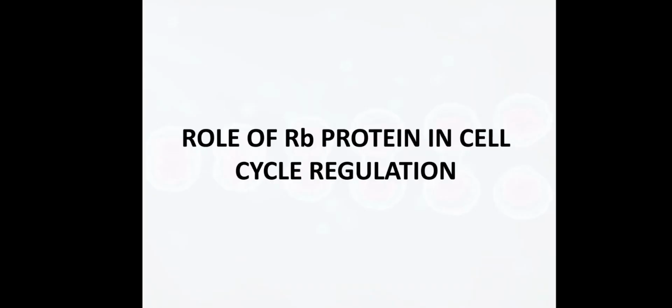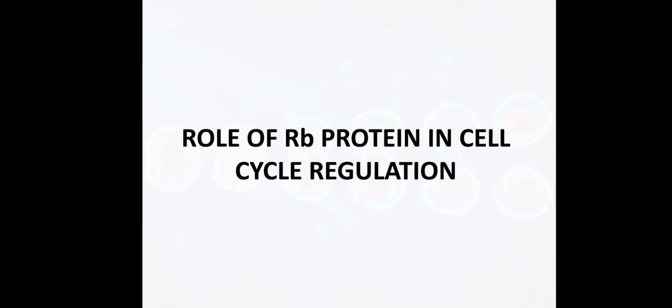There are two major proteins, that is Rb protein and P53. P53 will be dealt with in the next class. So today we'll confine ourselves to the role of Rb protein in cell cycle regulation.